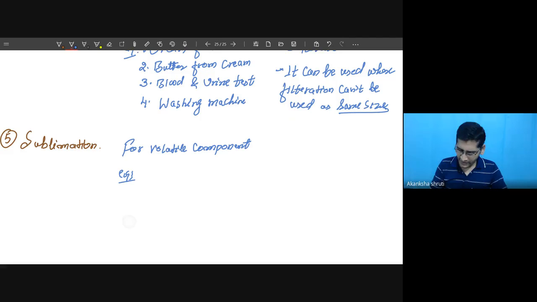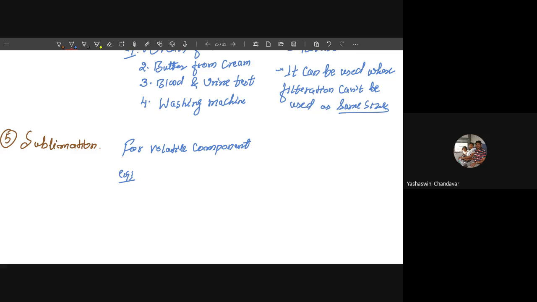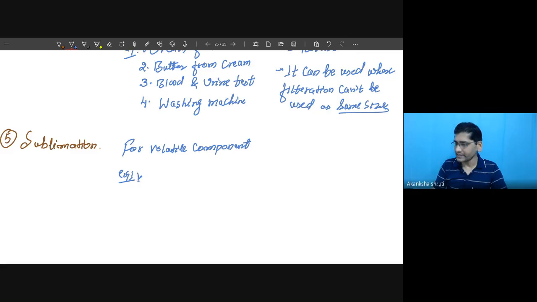For example, if the common salt contains ammonium chloride or camphor, then ammonium chloride vaporizes into the atmosphere, but the common salt remains as it is.